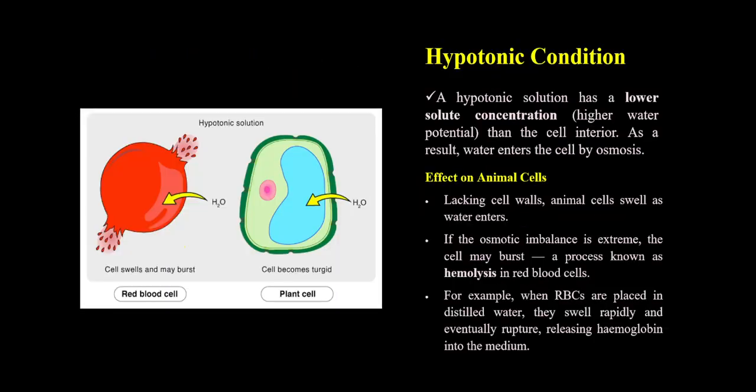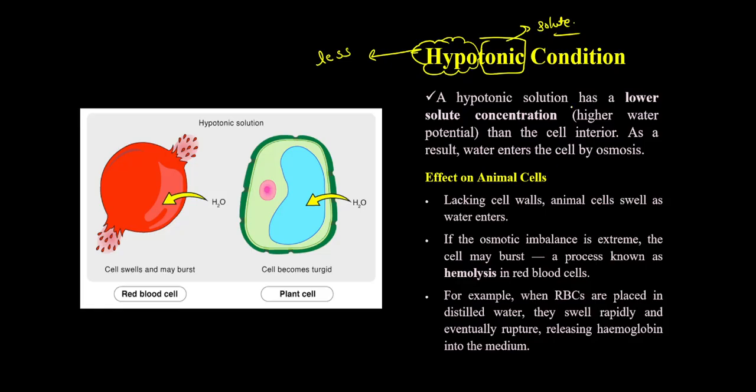Okay, then hypotonic condition. From the word hypo, you can remember less, and from tonic you can remember solute. So there will be less solute outside than the interior of the cell.